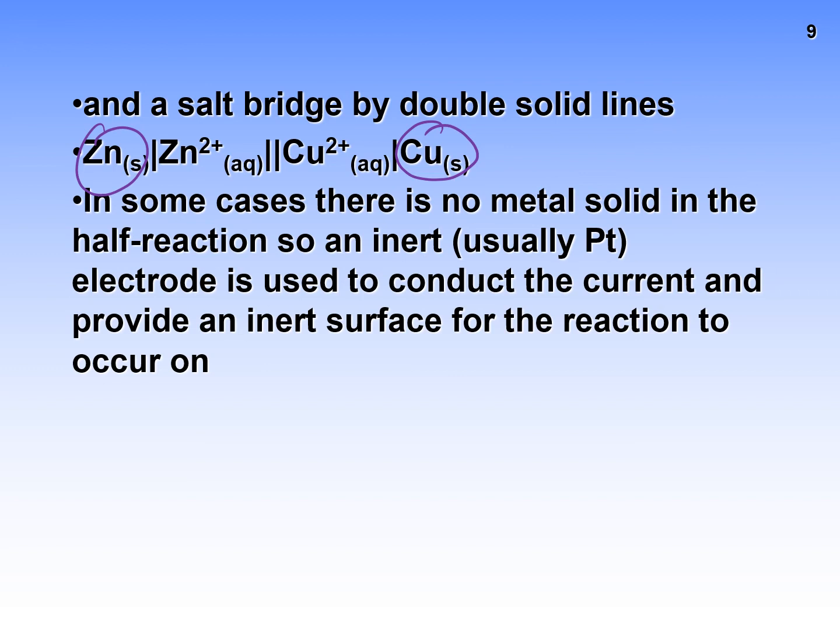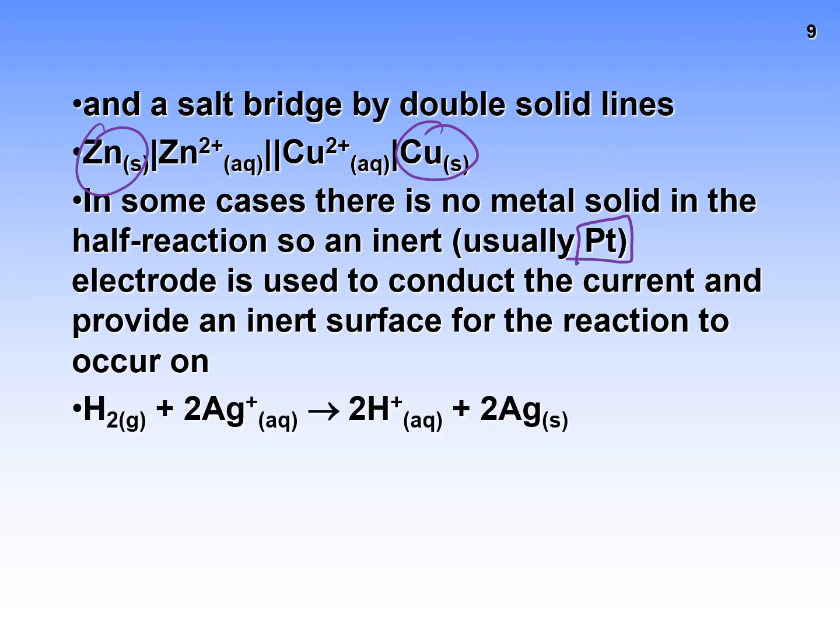So what we do is we usually add an inert metal to stand in place of that, so that we can still connect our wire to a piece of metal so that the reaction still functions. The usual inert electrode that's used is platinum, and it's very expensive because it's platinum. This allows for the electrons to move through the system still, even though we don't have a metal in our reaction. So if we look at this cell, this is a redox reaction.